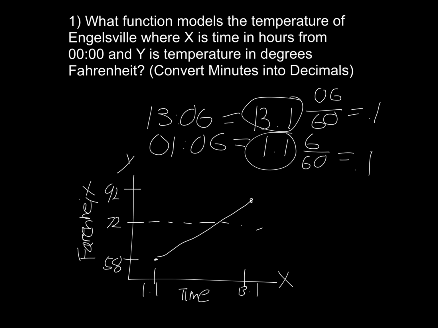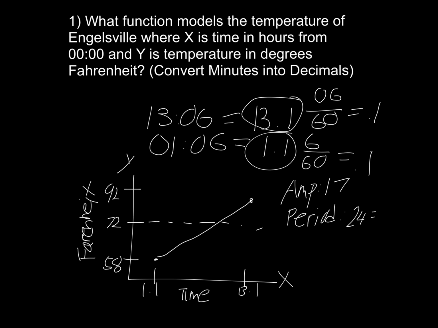So, okay, now let's get on to the equation. So amplitude is 17. Our period is basically 2 pi over b. Since we have the period, it's actually 24 because it's in 24 hours.